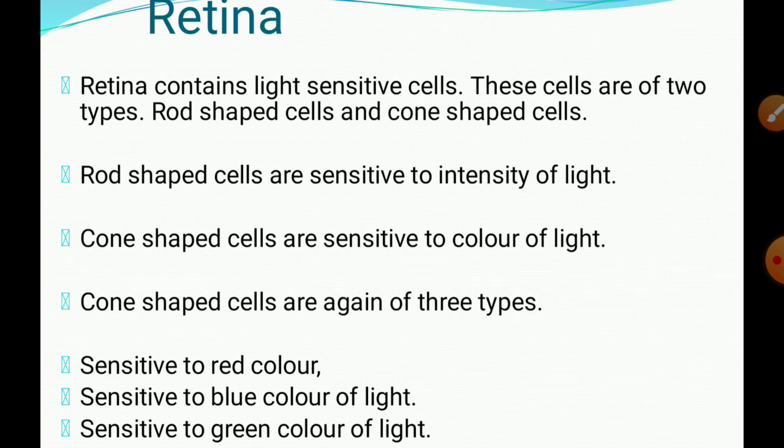Rod shaped cells are sensitive to the intensity of light, whereas the cone shaped cells are sensitive to the color of the light. Cone shaped cells are of three types corresponding to three primary colors. You know, the three primary colors are red, blue, and green. So our eyes contain cones responsible for red color, for blue color, and for green color.